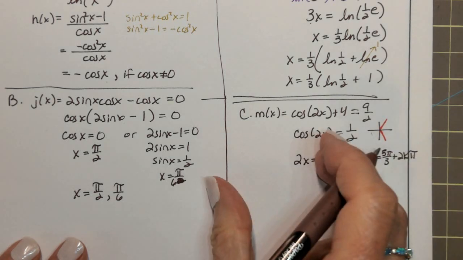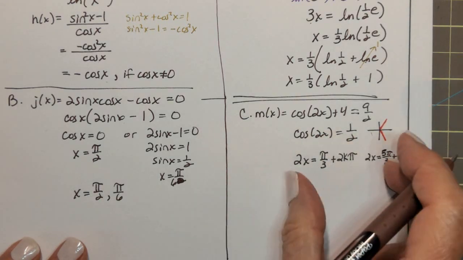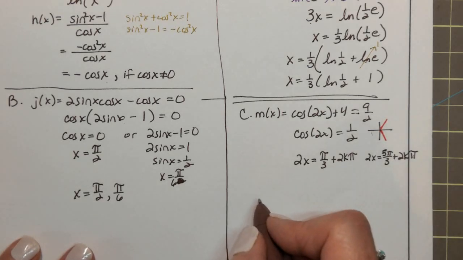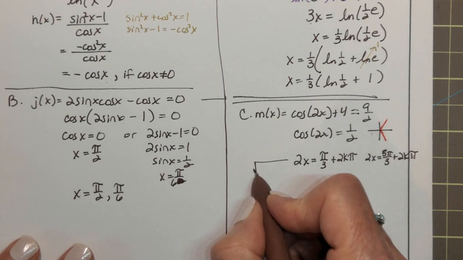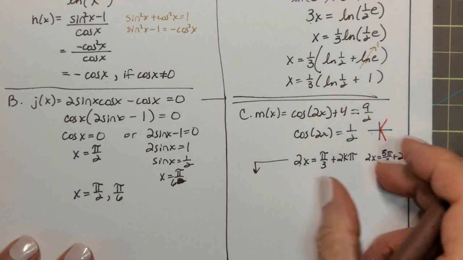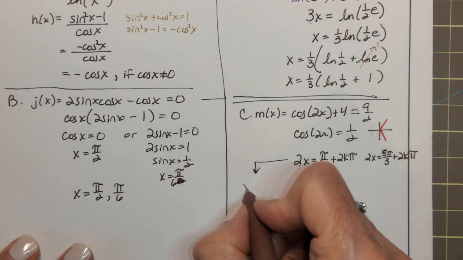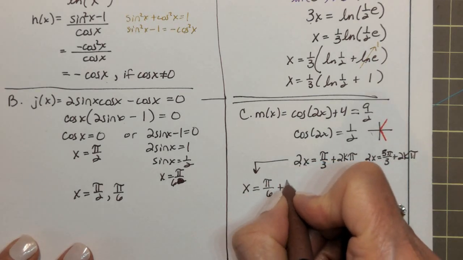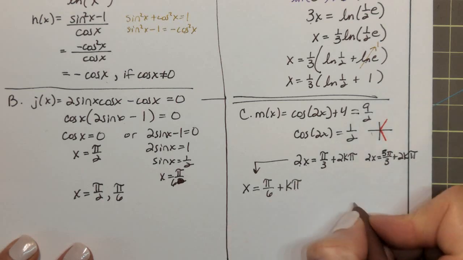I should scoot that over. I don't know why I started way over here, but I'm going to fix that over here. I'm dividing both sides by 2, which means multiplying both sides by 1/2, and I get x is equal to pi/6 plus k pi.